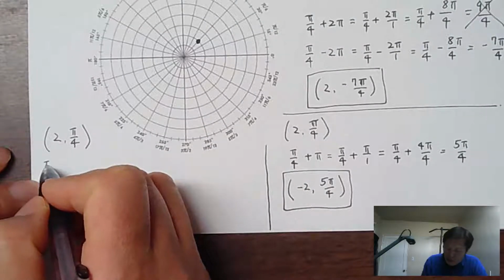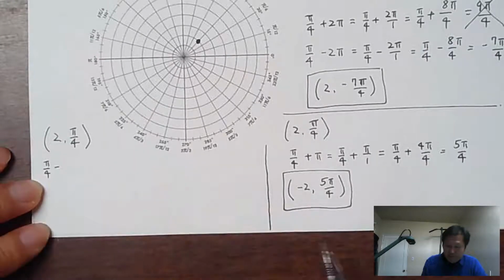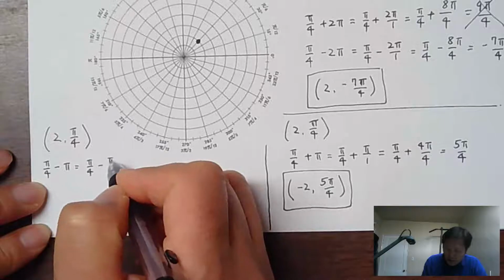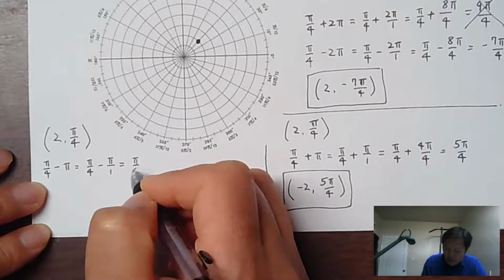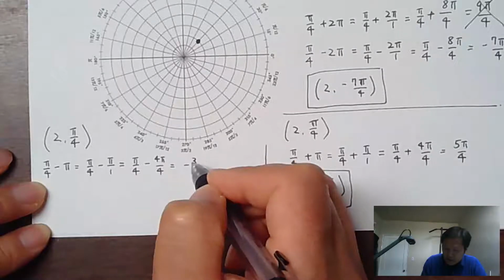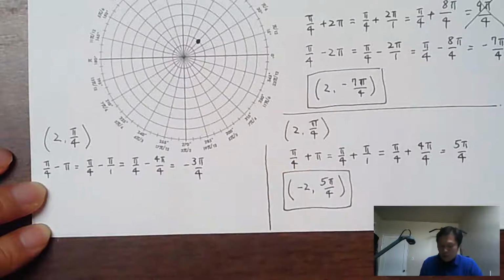So you could have done pi fourth minus pi over 1, which is pi fourth minus 4 pi fourth, which is minus 3 pi fourth, because 1 minus 4 is minus 3.